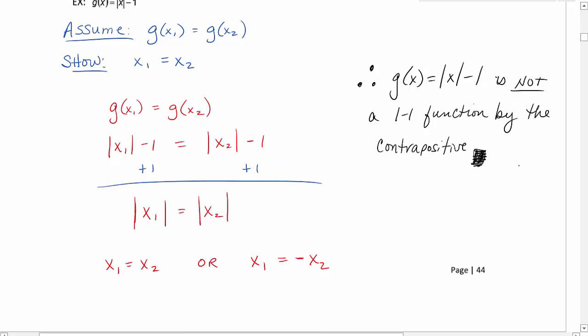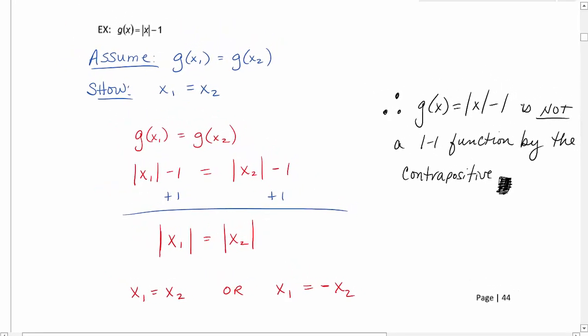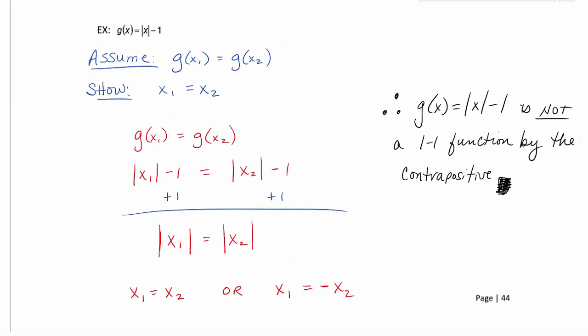And we know if we graph this, it would definitely fail the horizontal line test, as the graph here would be a V shape that has been shifted down. It's just nice to support our proof conclusion with something that we already know.